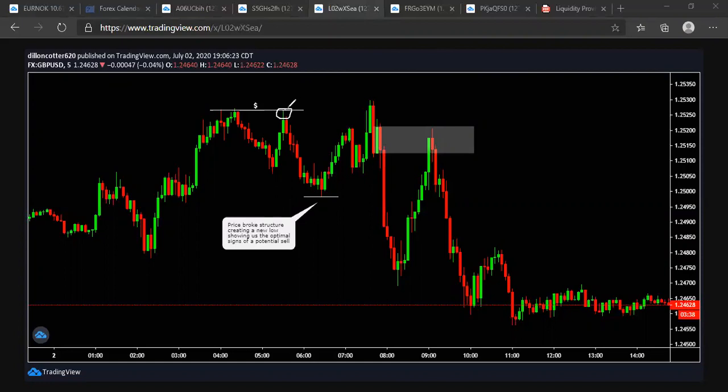Okay, so you have to think, retail is selling here. Now we need to wait for certain types of manipulation in the market.